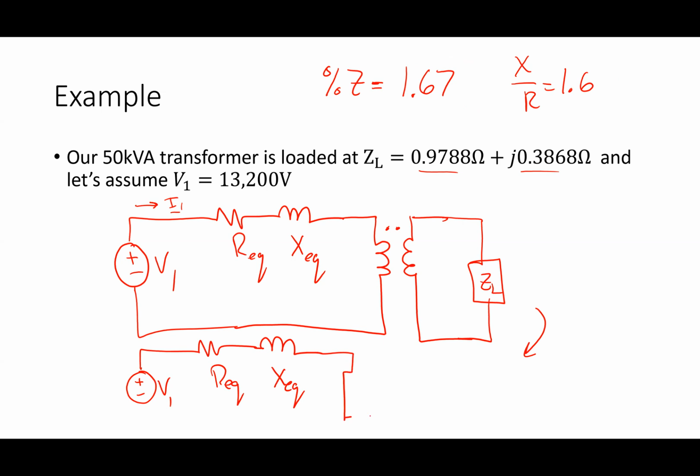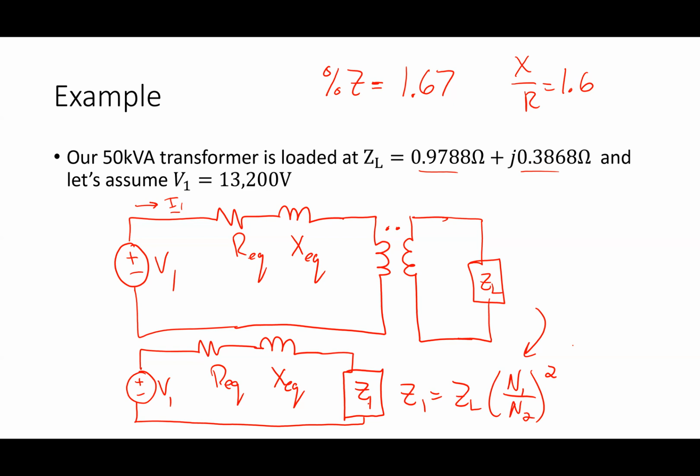And there's this reflected impedance, I'll call it Z1. This Z1 here would be ZL times (N1 over N2) squared. Problem is, I don't have numbers for REQ and XEQ. What I have is this percent Z, and I have my X over R.